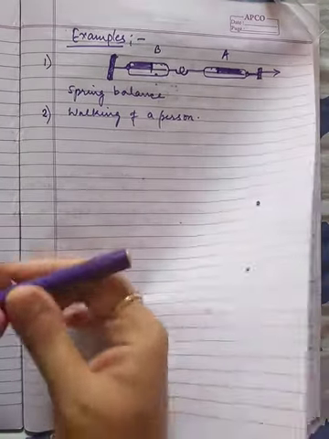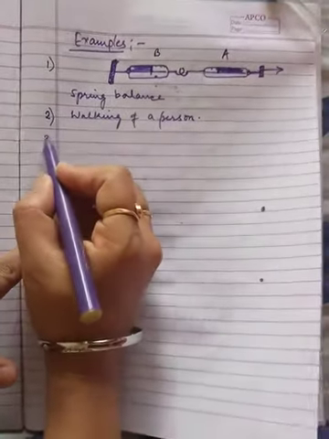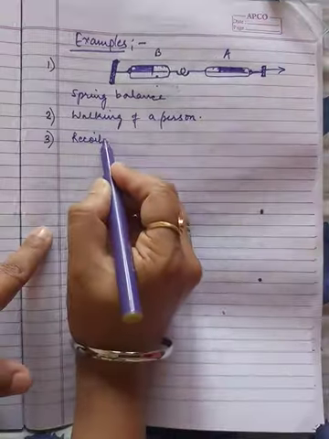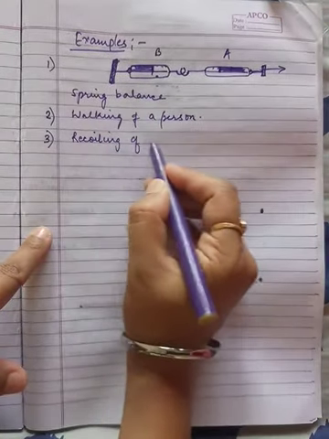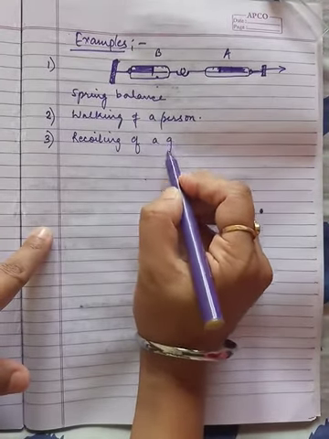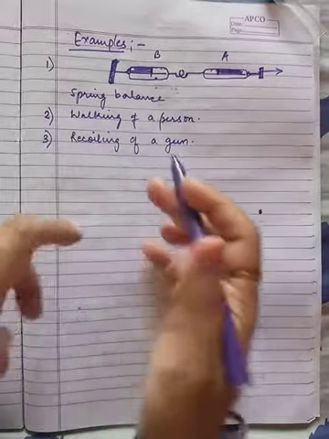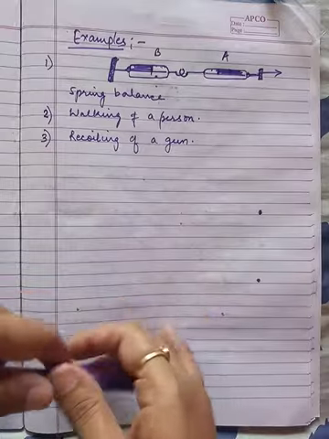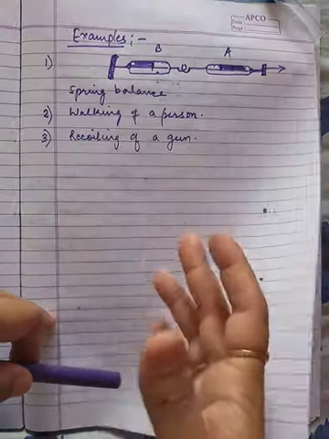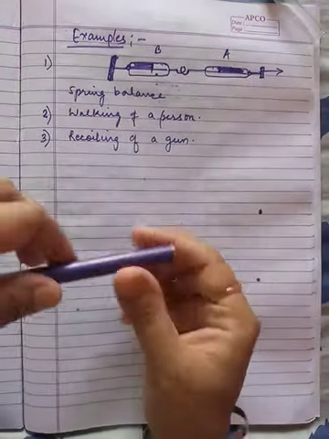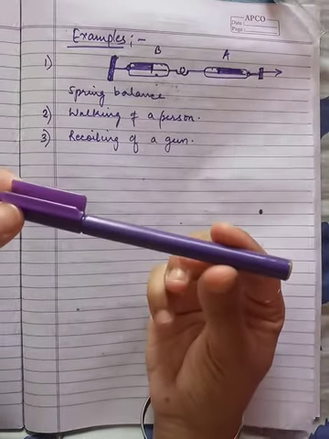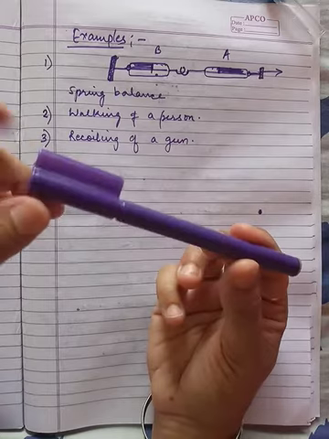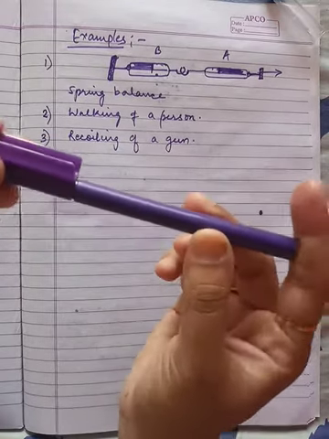Another example, which is a very important example, is the recoiling of a gun. Recoiling of a gun means when a gun is coming back with a jerk, when a bullet is fired from a gun. Suppose there is one bullet, and this is the complete gun.